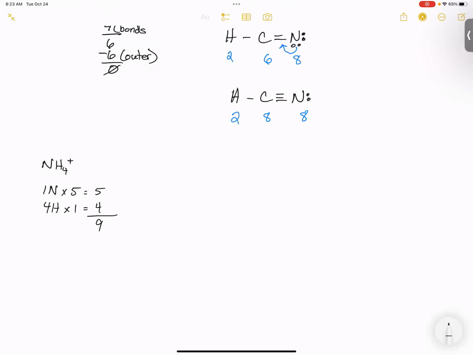Now, step number 1 in doing this, though, it says if you have a cation, you're going to subtract that number of electrons. So since I have a +1 charge, I have to subtract out 1 due to my cation.